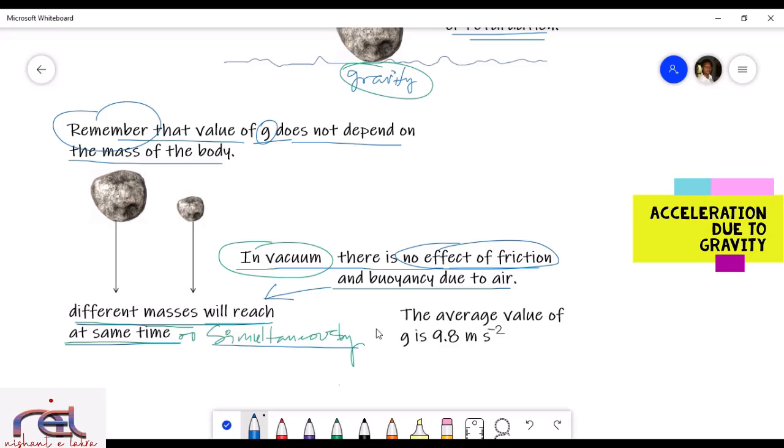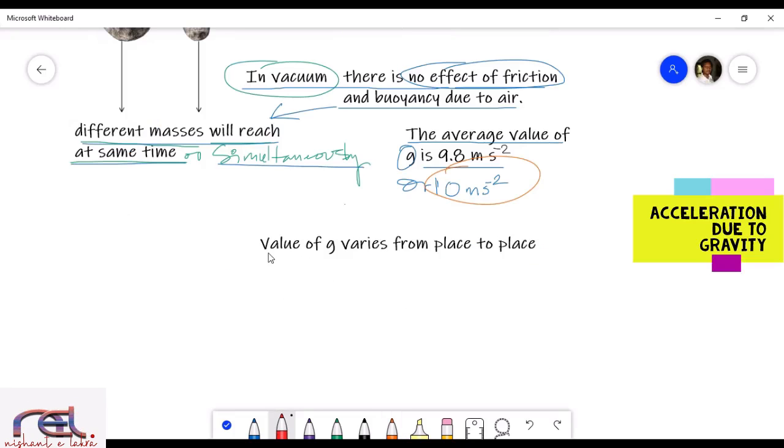The average value of acceleration due to gravity is 9.8 meter per second square, or we can say it as 10 meter per second square. So this is the average value of acceleration due to gravity. Now value of g is not same everywhere.